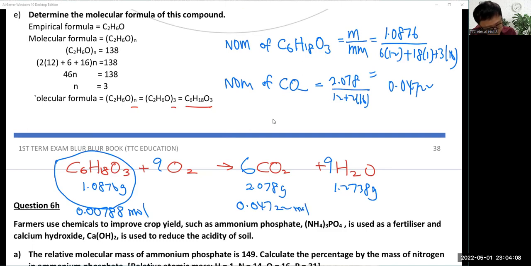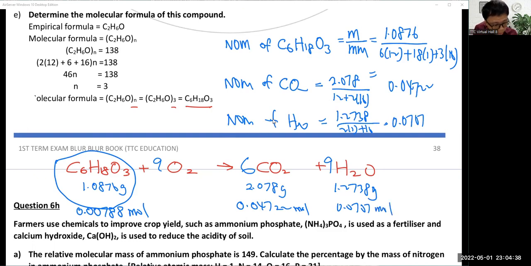Then number of moles of water equals 1.2738 divided by water, which is 2 times 1 plus 16, 18. I'll get 0.0707.